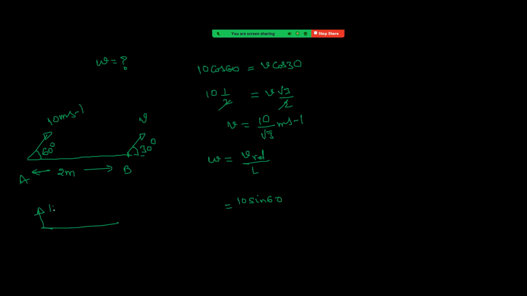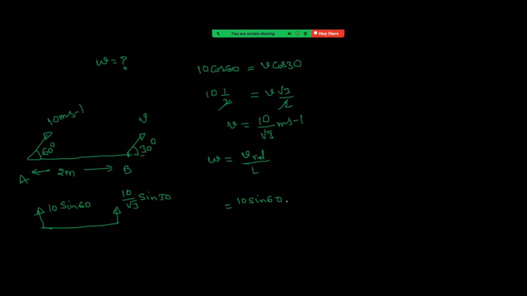This is 10 sin 60, and this is the V value, 10 by root 3, sin 30. Both are in the same direction.